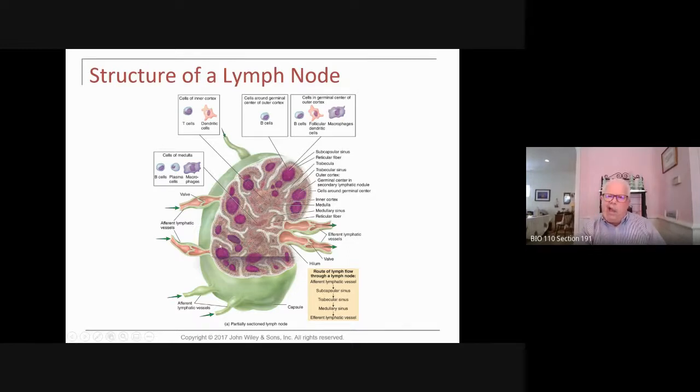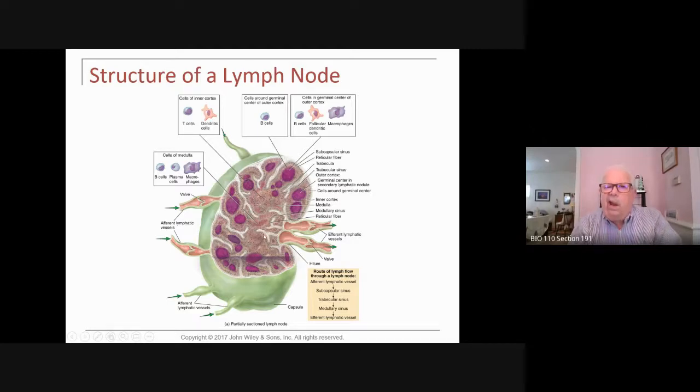They're in your neck, cervical lymph nodes. They are in your axillary region, under your arms, axillary lymph nodes. They are in your groin, inguinal lymph nodes. They are also in your mediastinum, mediastinal lymph nodes, in the center of your chest.